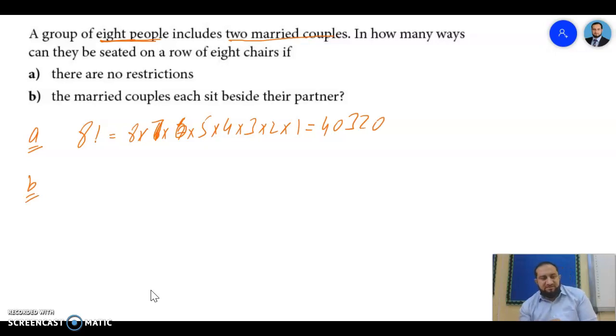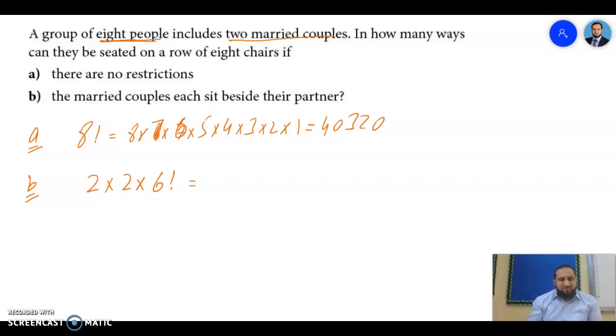Now part B: the married couples each sit beside their partner. Since there are 2 married couples, and in a couple there are 2 people, it's 2 times 2 for the couples. Then, because the total is 8 people, we consider the couples as units and the rest of them gives 6 factorial.